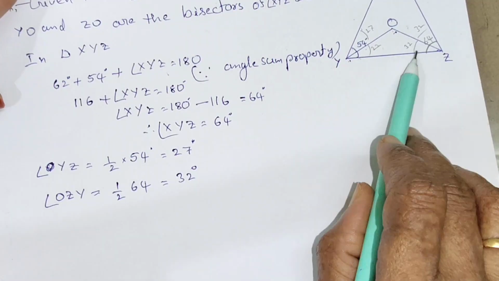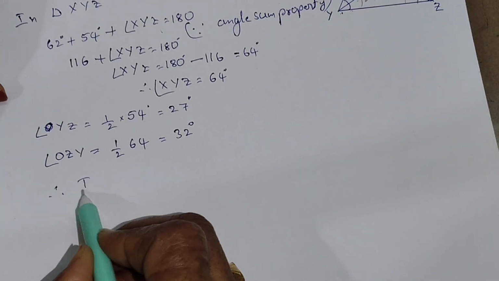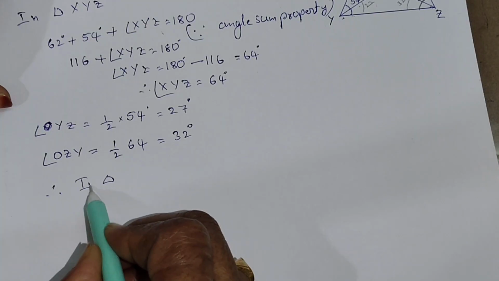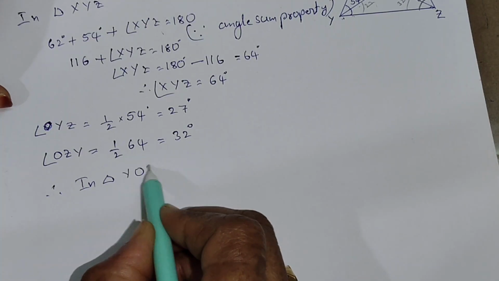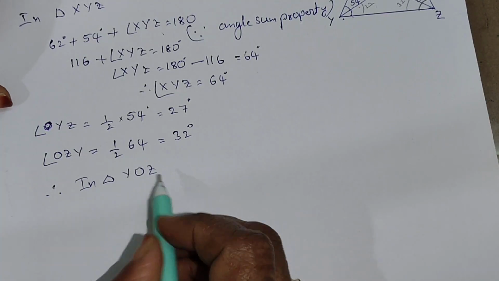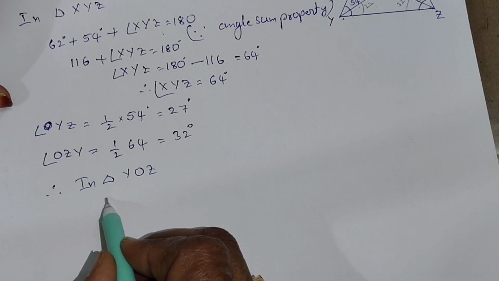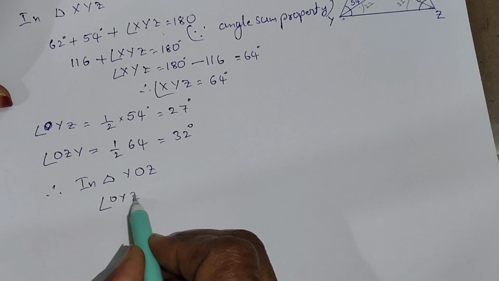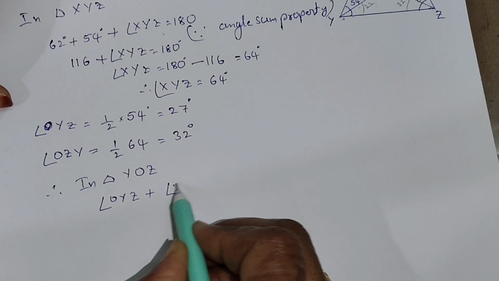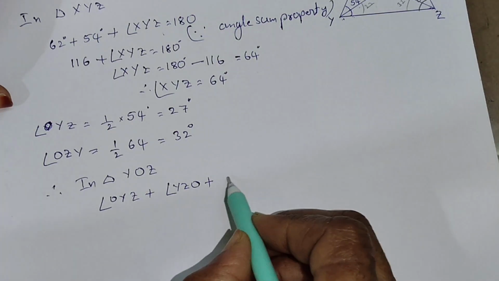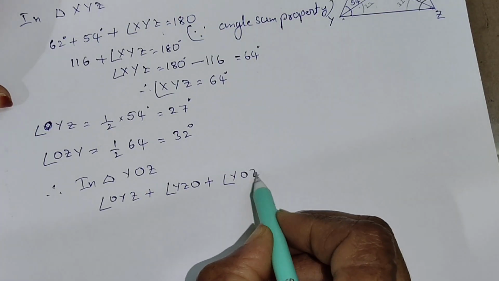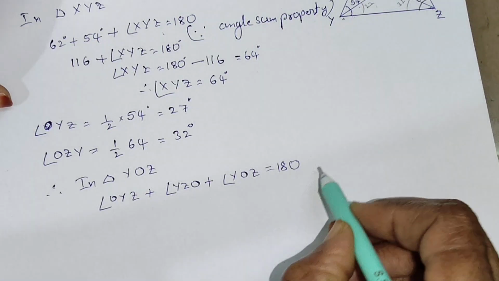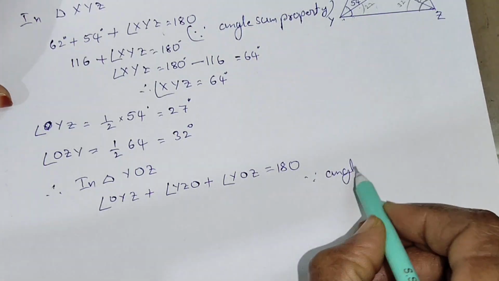So here we know two angles. In triangle YOZ, angle OYZ plus angle YZO plus angle YOZ is equal to 180. This is the angle sum property.